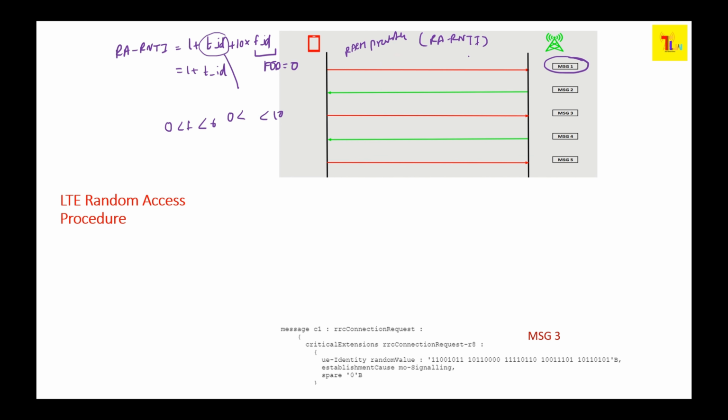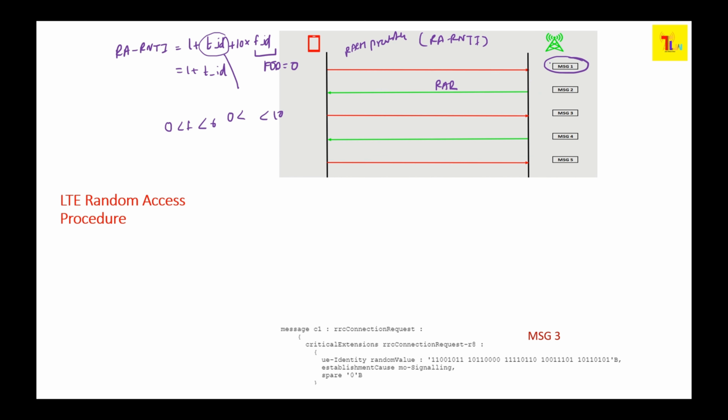So for message 1, if you have already sent the preamble and it is received and decoded by the eNodeB, then the eNodeB is going to send the response, which we call the random access response, in message 2.